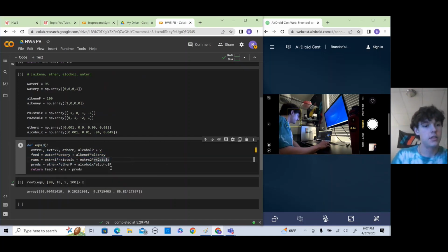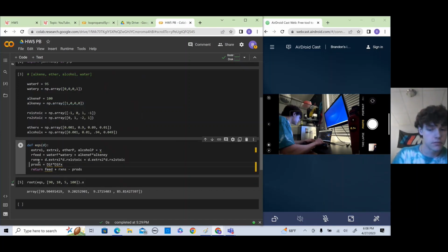Some of these equations can stay the same, but we'll have to add the d dots for products. This will be changed to our distillation feed multiplied by our distillation feed molar composition and our reactor feed.